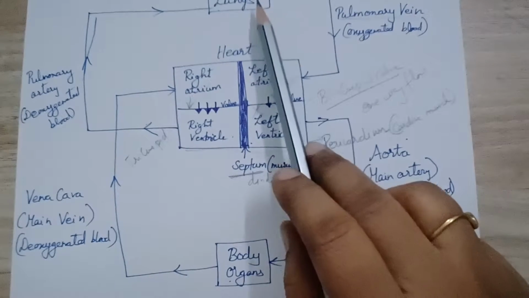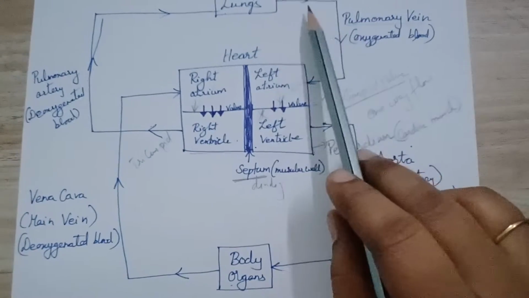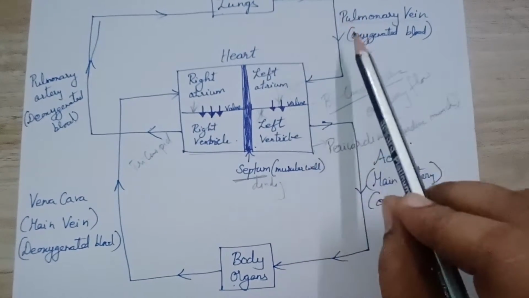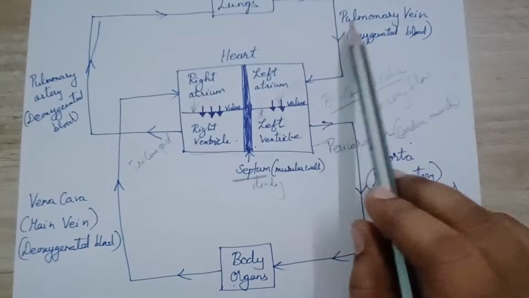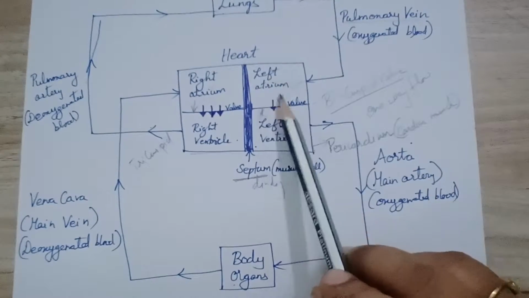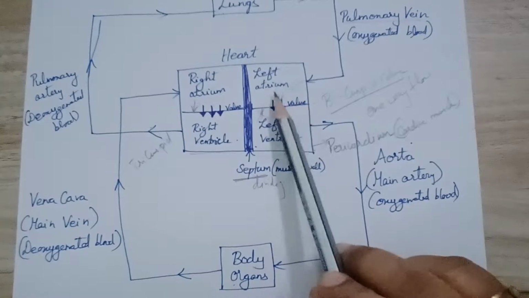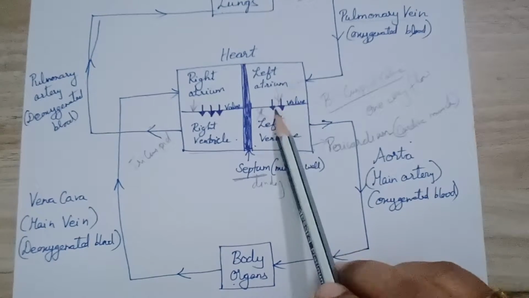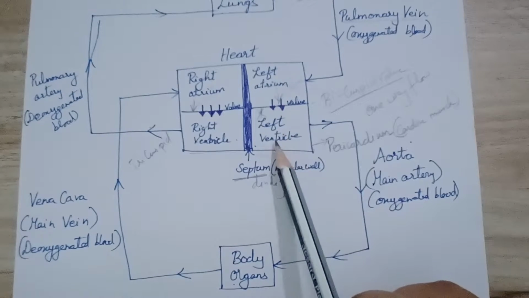You know that. So the oxygenated blood from the lungs enters the left atrium through the pulmonary veins, right? It carries the oxygenated blood. Once it relaxes, you will get the blood here. Once it fills, it contracts, the walls open, and the blood enters the left ventricle.